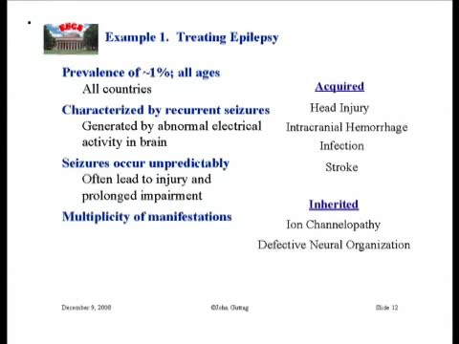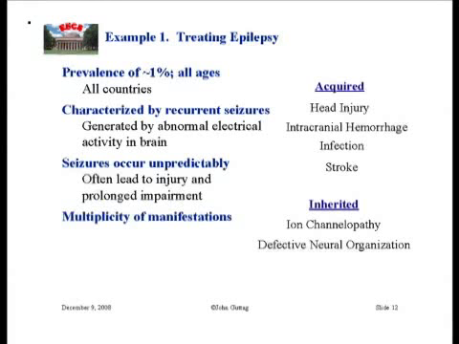It's characterized by recurrent seizures generated by abnormal electrical activity in the brain. It's really less a disease than a description of symptoms, because there are lots of different causes of it. It can be inherited, and that's a significant fraction, or it can be acquired, typically by some sort of an insult to the brain.